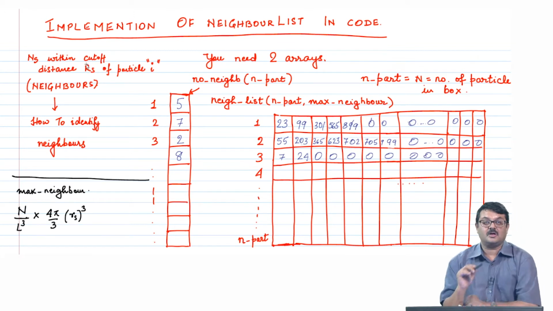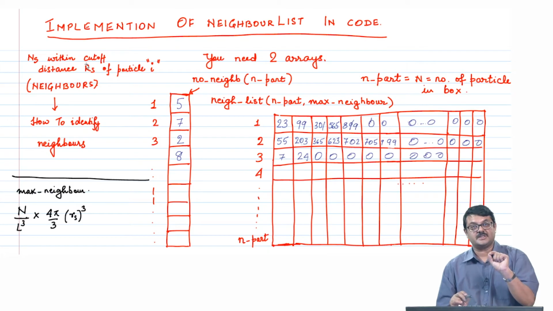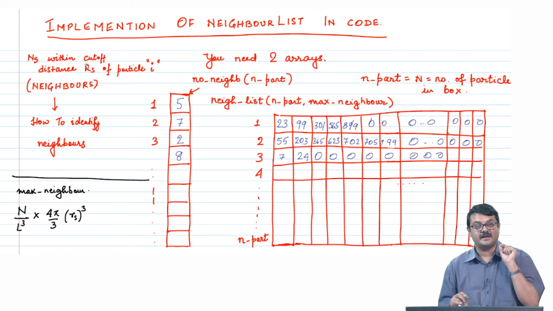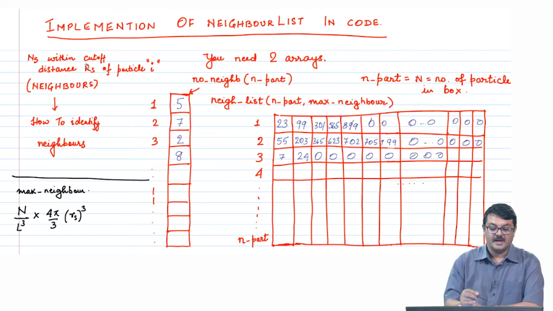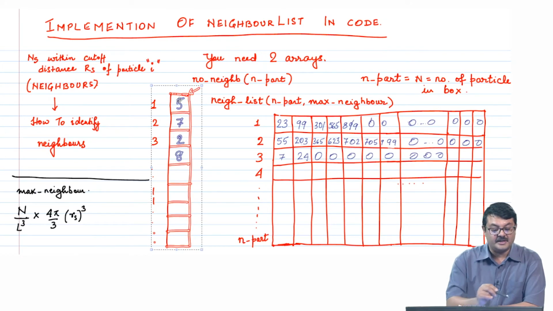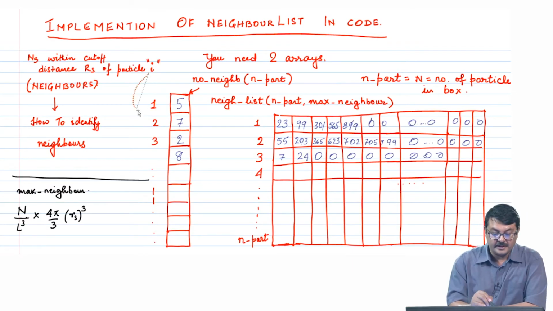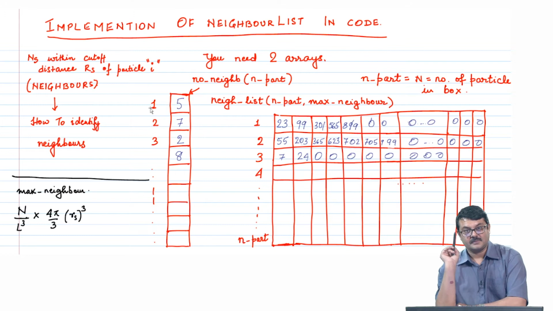If you draw around the position of particle number 3 a sphere of radius r s, then the number of neighboring particles within distance r s of the position of 3 is 2. And that is what 5 means for particle 1: there are 5 particles. So, n is equal to 5 when I equals 1.